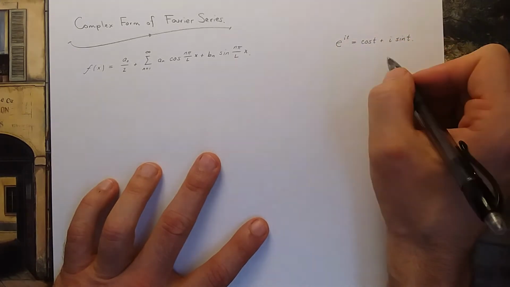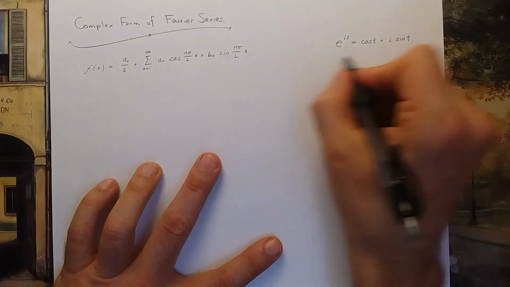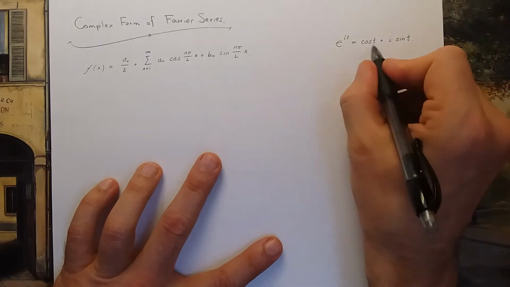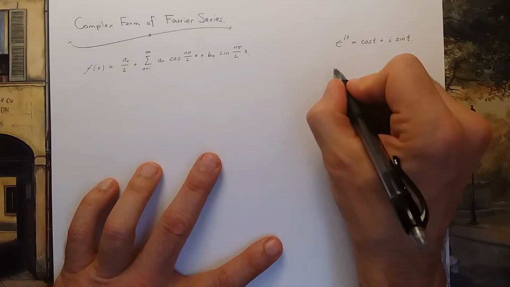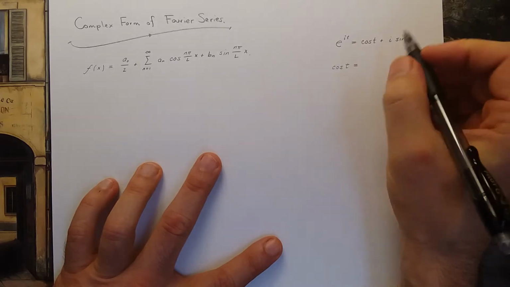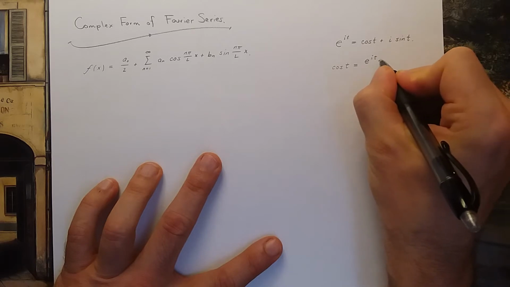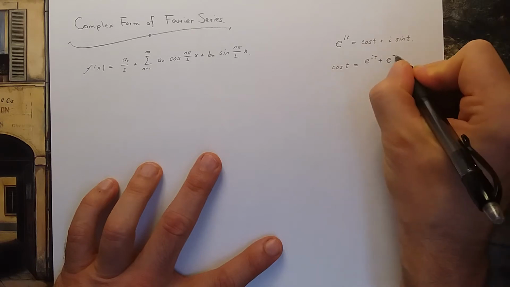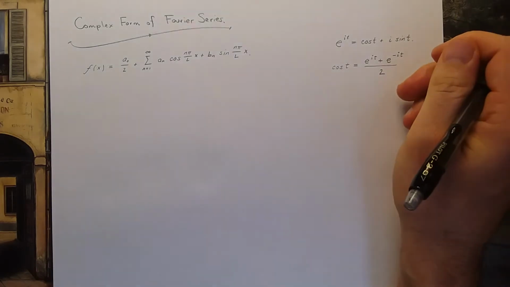known as Euler's formula. Now, what this means is that I can take cosine t and write it as purely exponential functions. In fact, cosine t is really equal to e to the it plus e to the negative it divided by 2.